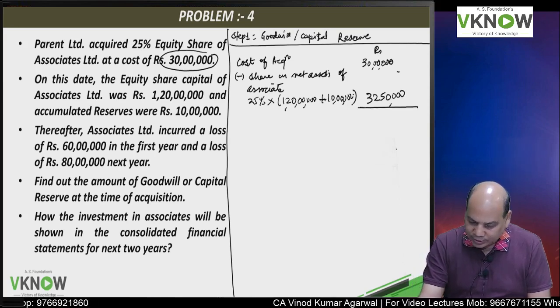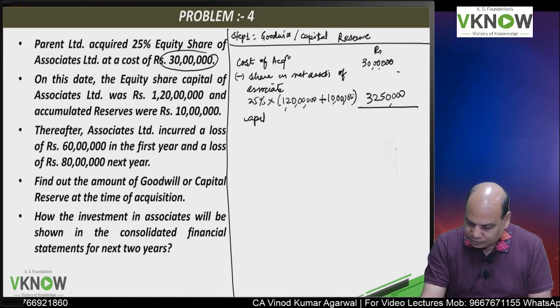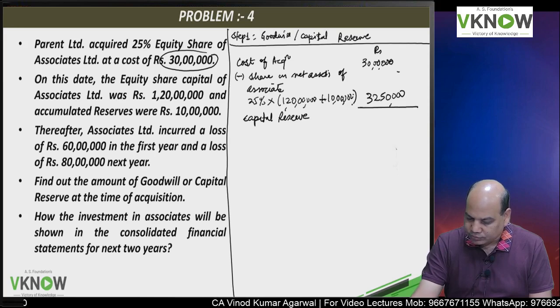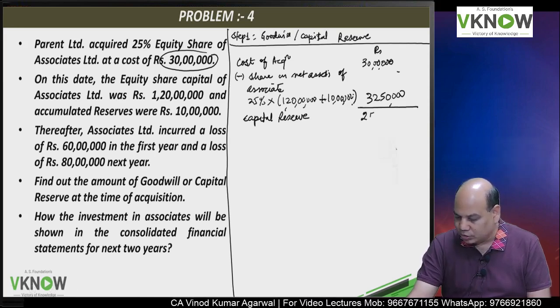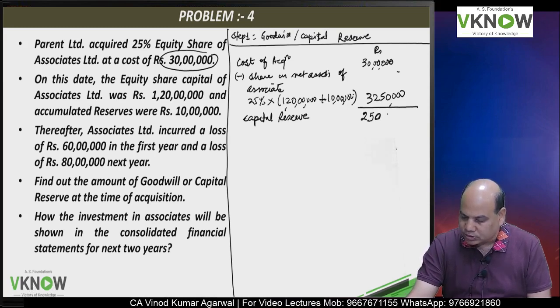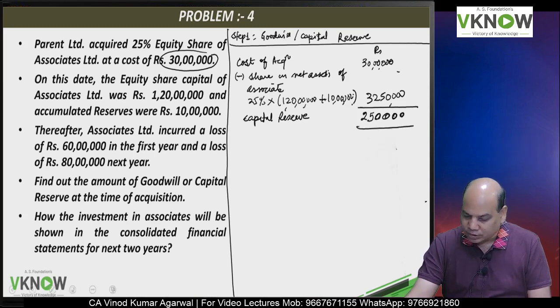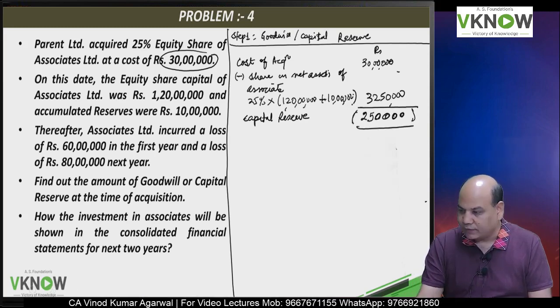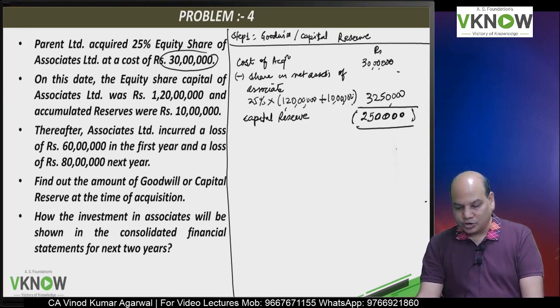So this time we are getting capital reserve. I have given the answer in your book. You can later on solve in the notebook on your own. Right now the student will only concentrate on understanding part. Capital reserve 2,50,000, cost of acquisition is less.